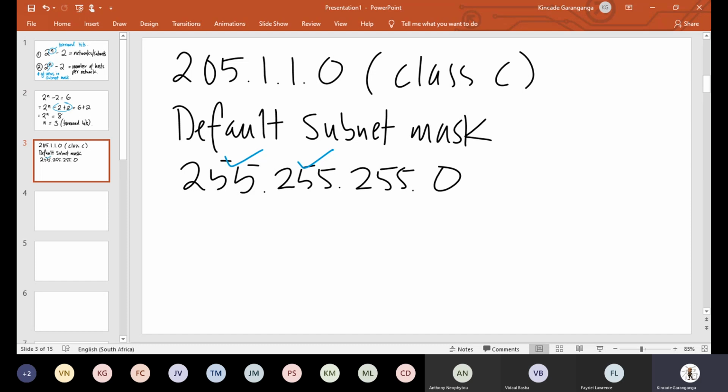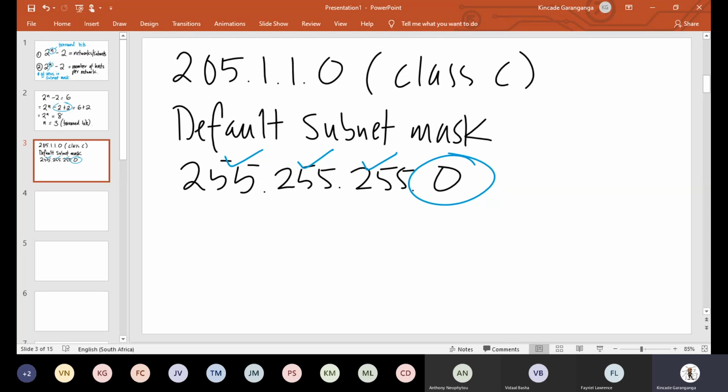Same difference there, same difference there. That then means that the part that we want to change as far as that subnet mask is concerned is the last part there that is set to 0, where we can now plug in a number that can accommodate the 6 subnets that we mentioned.